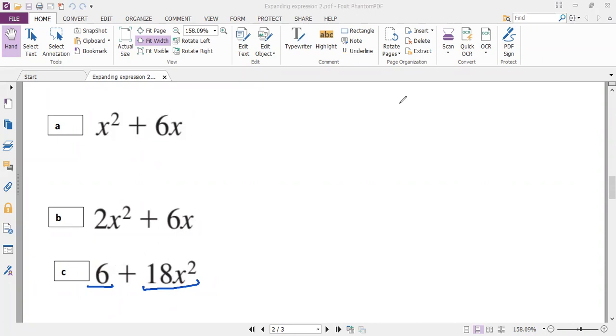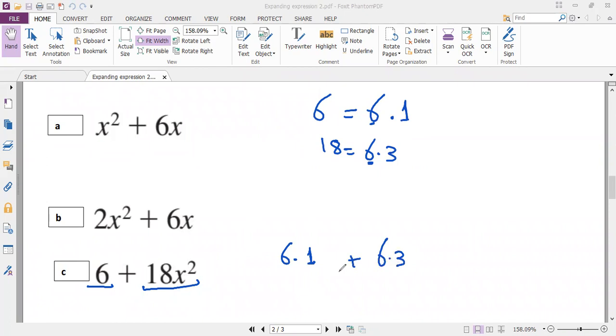But I'm searching for the highest common factor. So 6 we can write as 6 times 1, and 18 we can write as 6 times 3. The highest factor is 6.